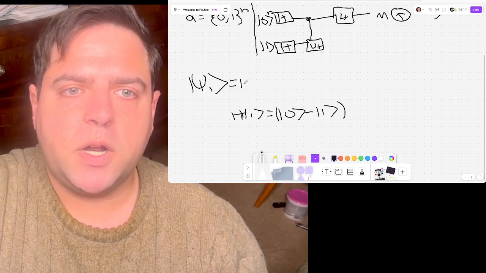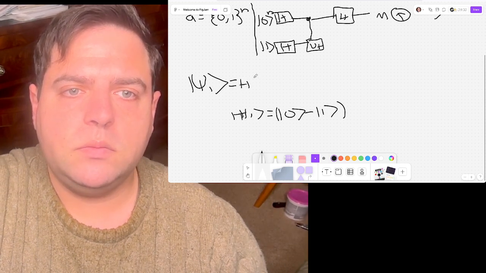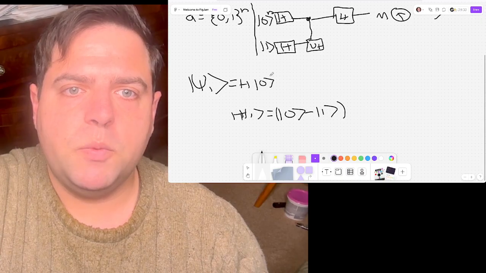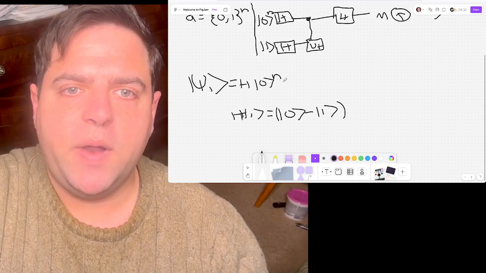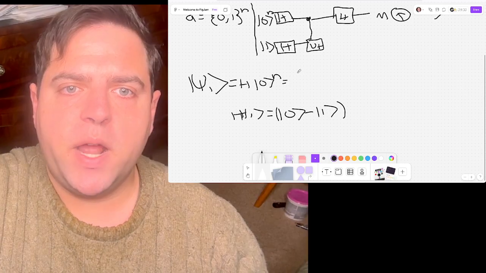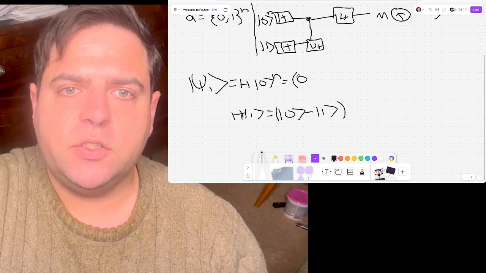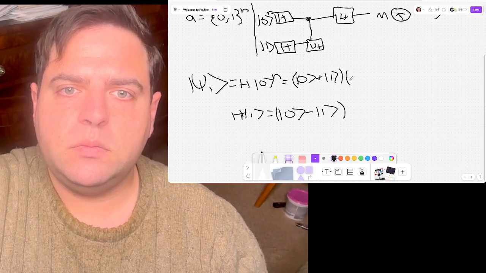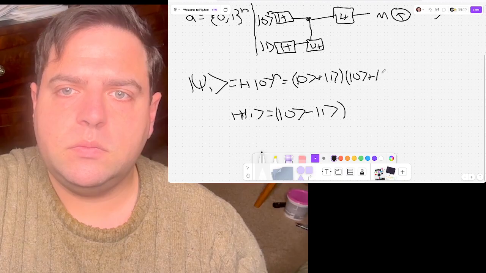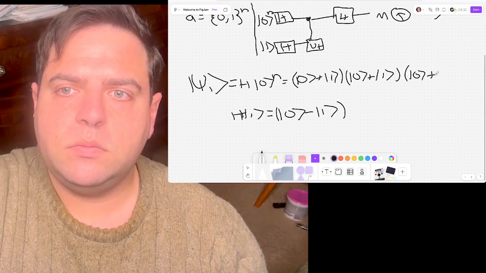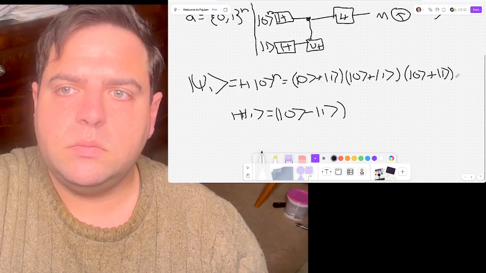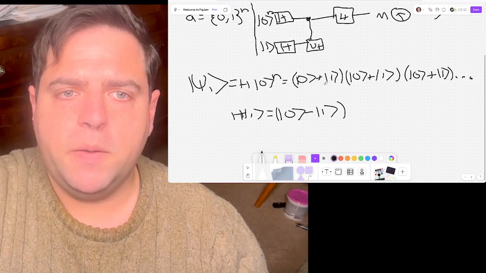The top is going to be a bit more complicated. We're putting a string of n zeros through a Hadamard gate, and what we're actually going to get out of it is something that looks like this. So on and so on.